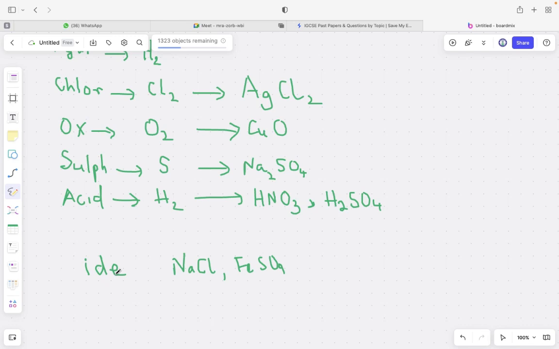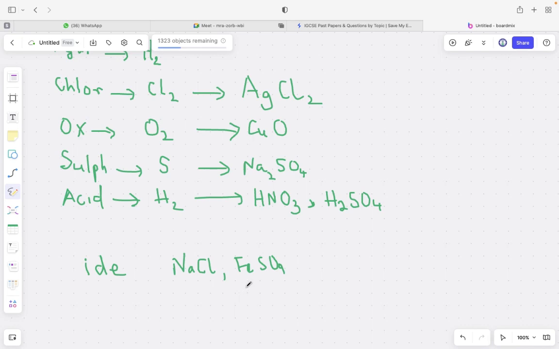Then the compound usually contains only the two elements in its name. So once it ends with IDE, it contains only two elements in its name. Like sodium chloride, meaning it contains only sodium and chlorine. Iron sulfide contains only iron and sulfur.